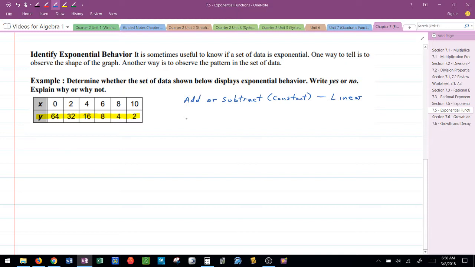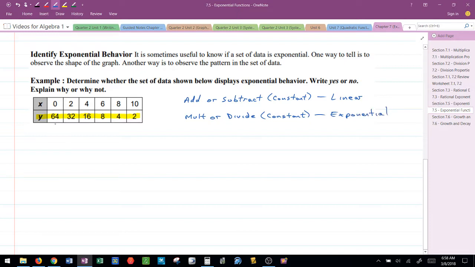If you multiply or divide, again by something that is constant, the exact same value from one term to another, then that is describing something that is called exponential. All right?